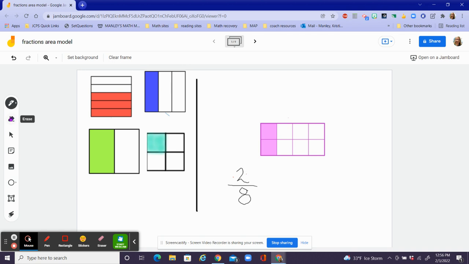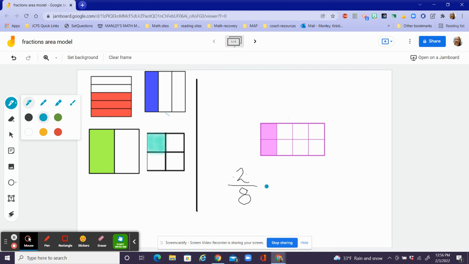2/8. If I want to know another way to say 2/8, to find equivalent fractions, I'm going to take this exact same rectangle and just partition it differently, and yet still focus in exactly on this amount of space.